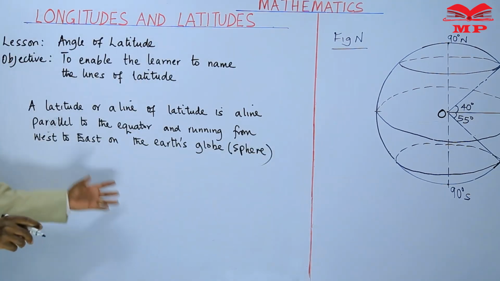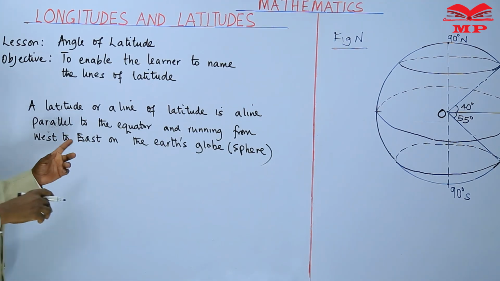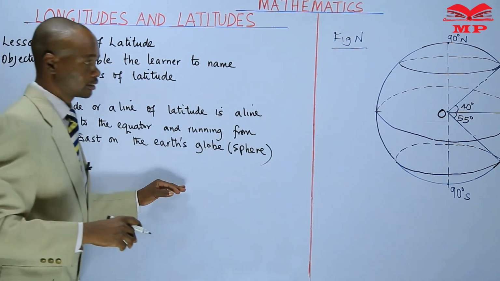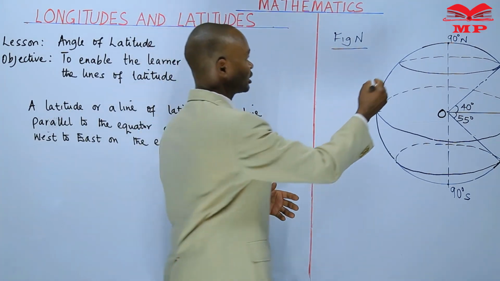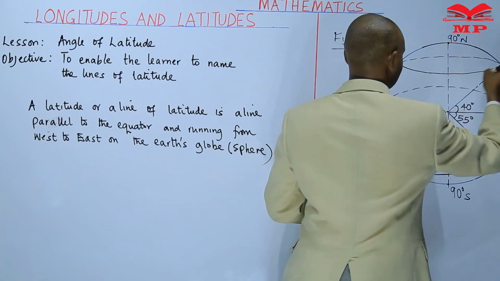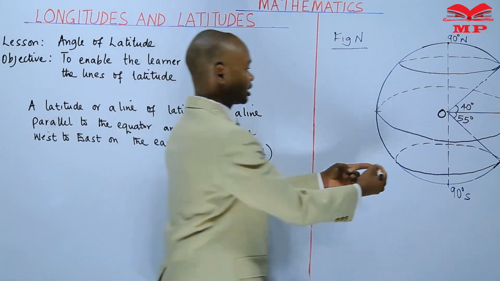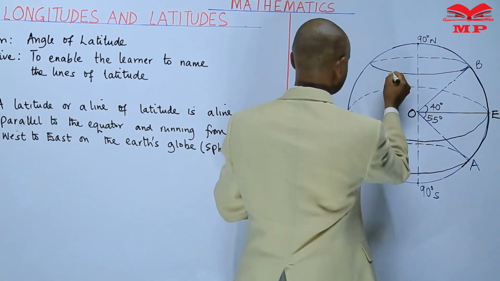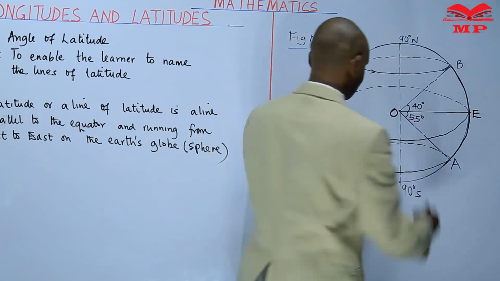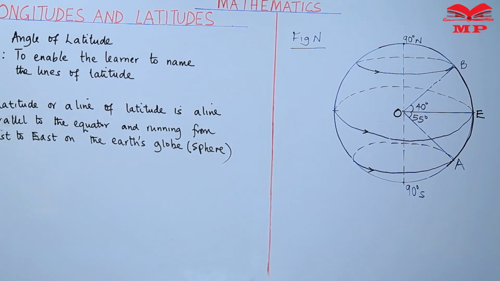So just to reiterate, a latitude or a line of latitude is a line parallel to the equator and running from west to east on the Earth's globe. So in our case, in figure N, we are interested in this line where we find point B, the lower line. You see, it's parallel to the equator as shown on the globe.